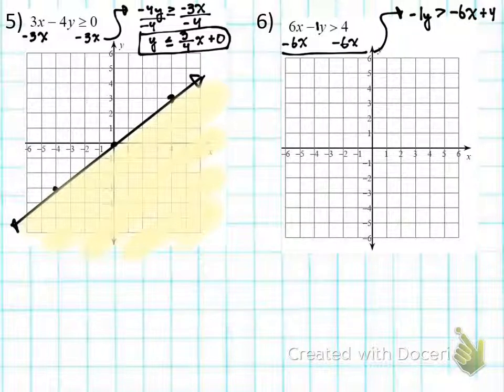Okay, now we're going to divide both sides by what? Negative 1, right? When I do that, look what happens to my inequality. It becomes less than, right? Negative 6 divided by negative 1 is positive 6, and positive 4 divided by negative 1 is negative 4. So we're just going to plot our points.